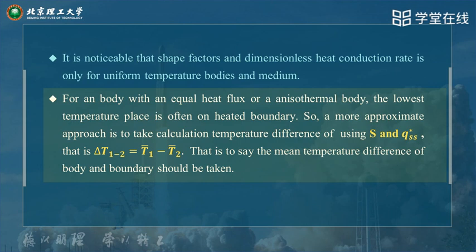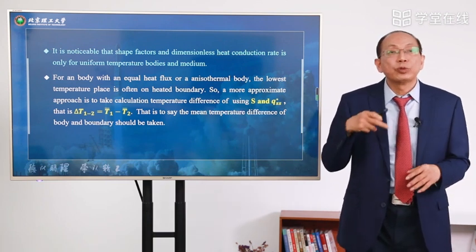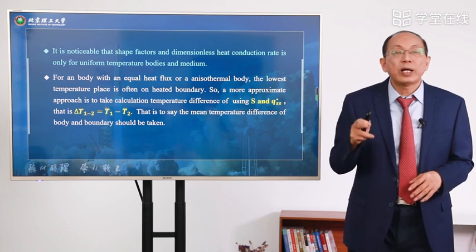So a more approximate approach is to take a calculation temperature difference for using S and Q psi SS. That is, delta T1-2 is average T1 minus average T2. That's to say, the mean temperature difference of the body and the boundary should be taken.